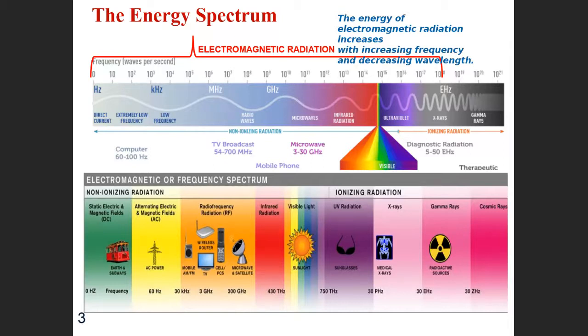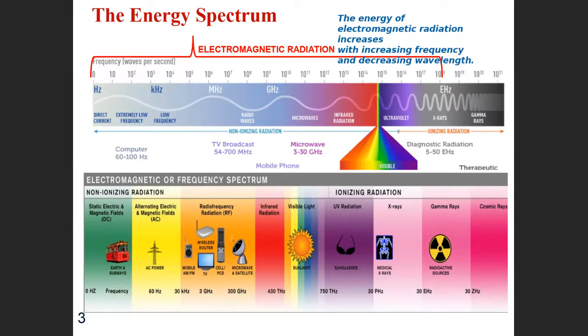Scientists describe the energy spectrum in a long line. In this spectrum, we will notice that we have two types of radiation: the non-ionizing radiation and the ionizing radiation.